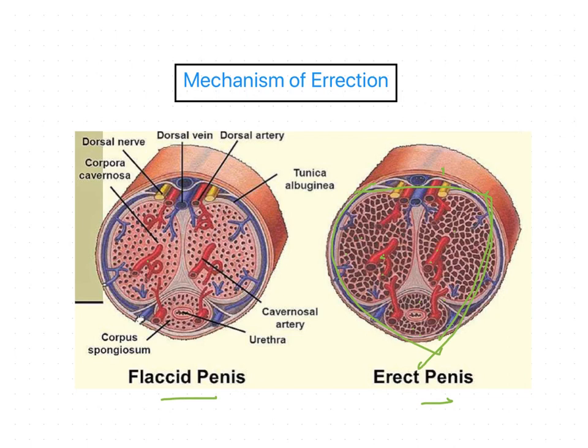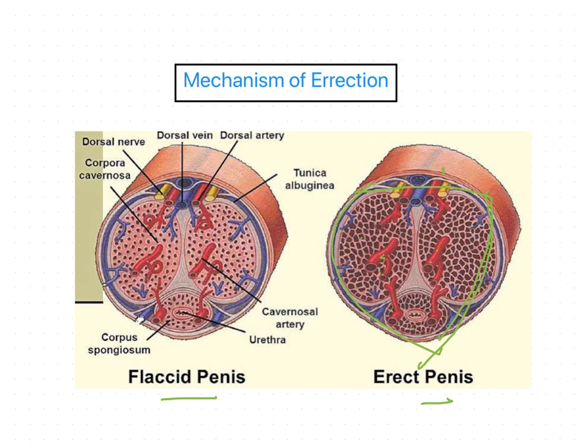Next one is venous return from the penis is retarded due to the pressure of engorged, that means dilated, corpora cavernosa, and also due to the contraction of ischiocavernosus. Okay, so the strong tunica albuginea. I have told that the corpora cavernosa is covered by a fibrous sheath, isn't it?